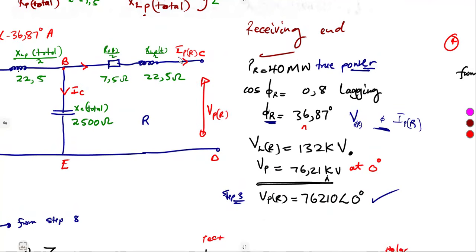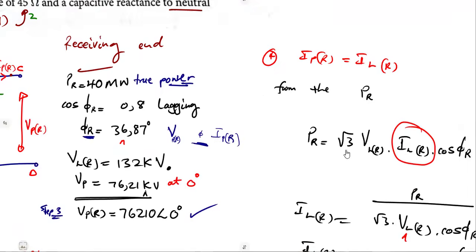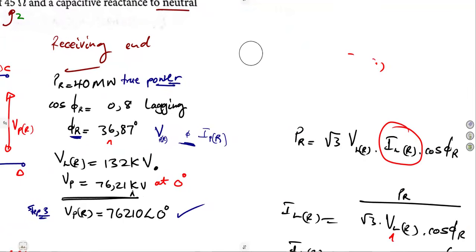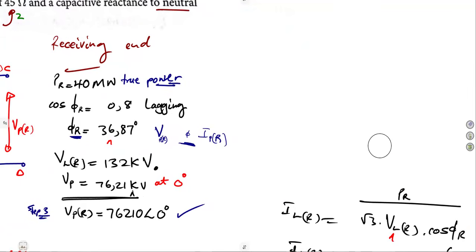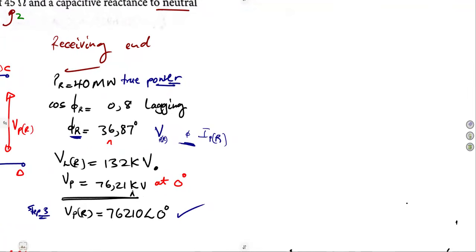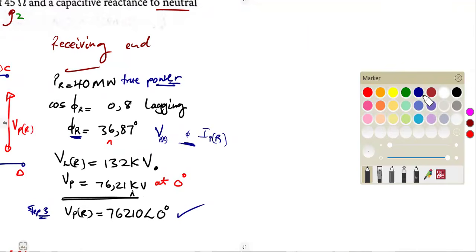The current and the impedance between points B and C. That is going to be the current on the receiving end times the impedance there. So that's our step 5. Let us have the calculation here. These are the steps, guys. Just make sure you follow each up to the one that you need.